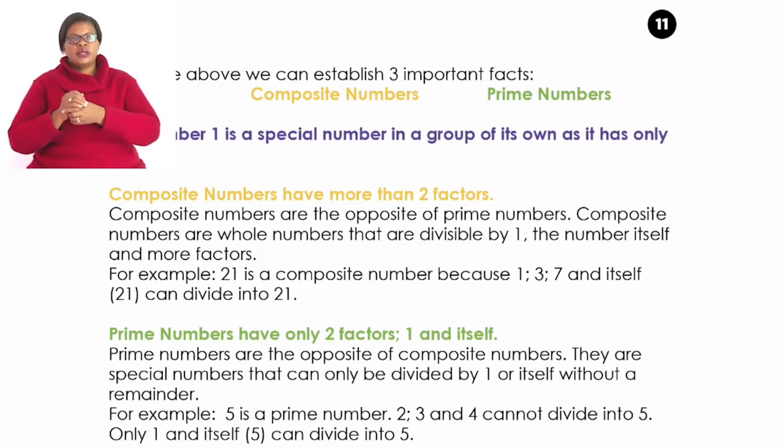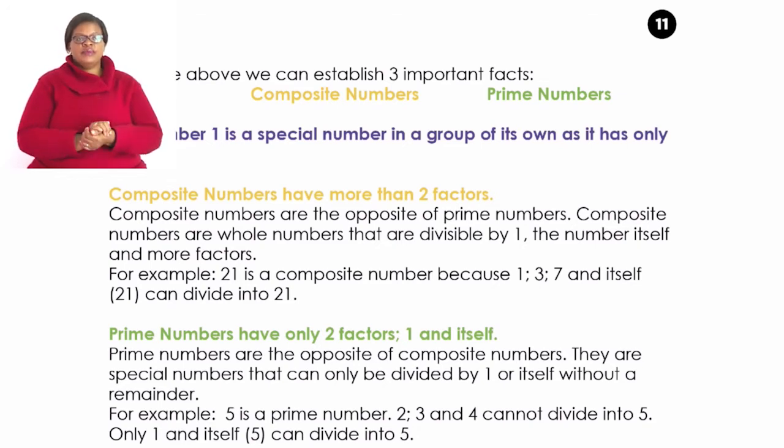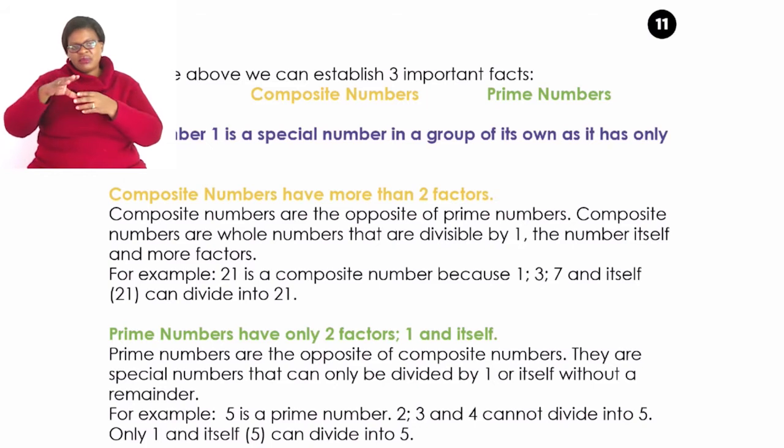It says there that the number 1 is a special number in a group of its own, and it has only one factor. Now this number 1 has created a lot of controversy because a lot of learners say it's a prime number. Some say no, it's not a prime number. We will look into that.